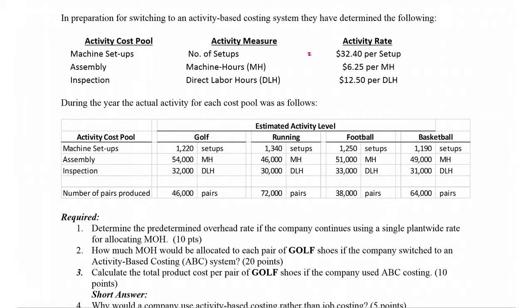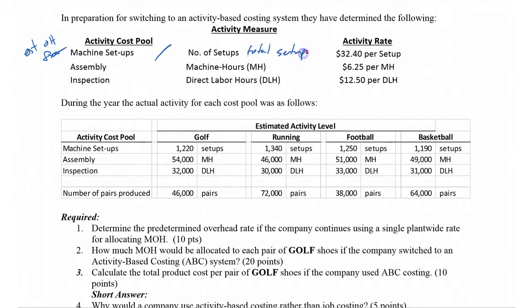So it's the estimated overhead for machine setups divided by the number of total setups equals the activity rate per setup. And then we would multiply that by the amount for each product that we were looking at.